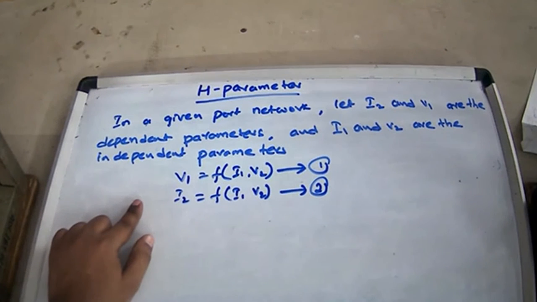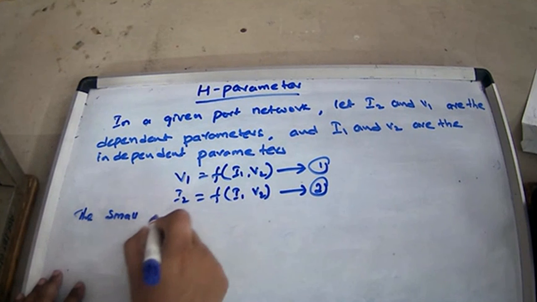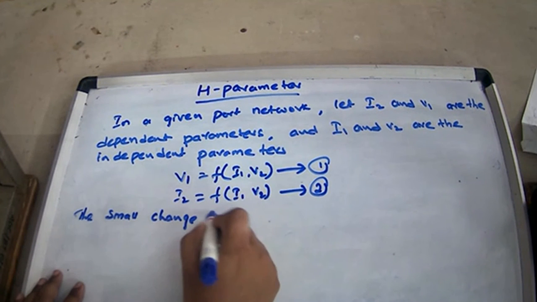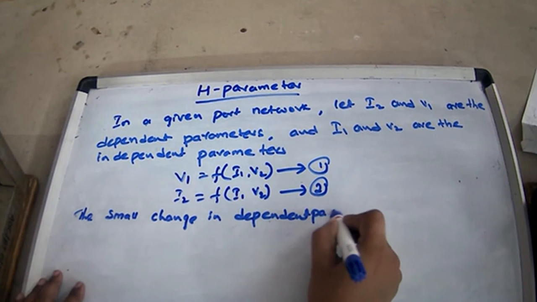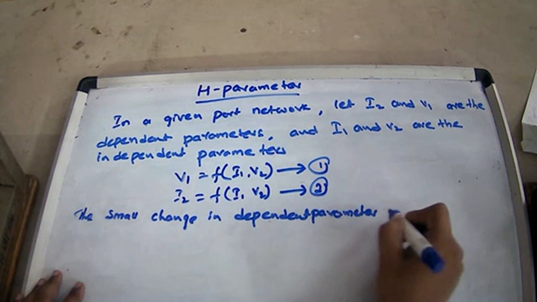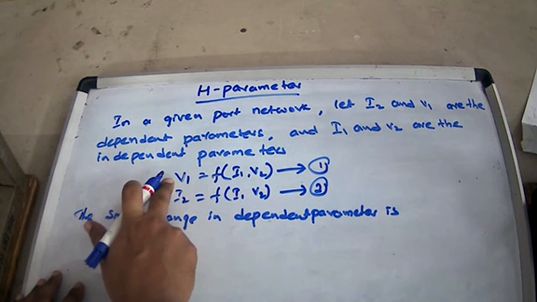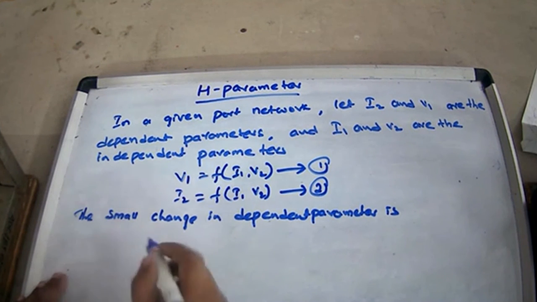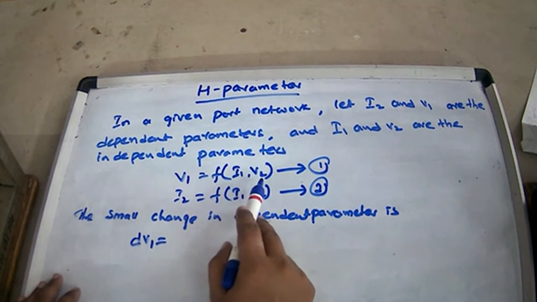Now after getting equation 1 and 2, we'll say that small change in the dependent parameters is, so we are having here V1, the small change when we are going, the rate of change will be taken as d, and the very small change will be taken with the dou. So the rate of change dV1 is equal to function of I1 V2 we are saying.